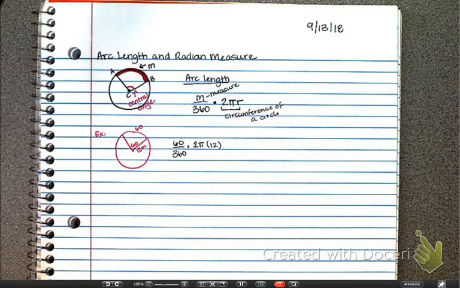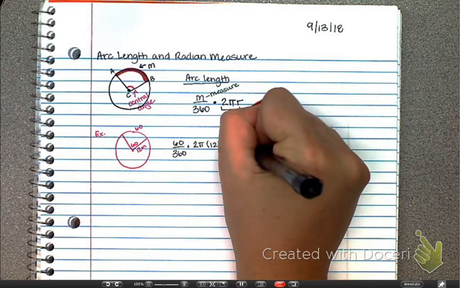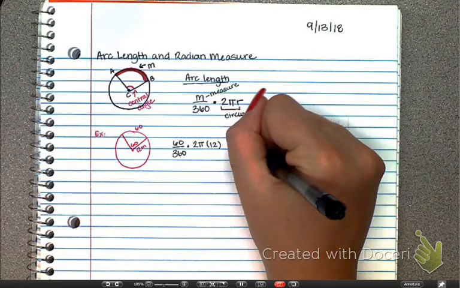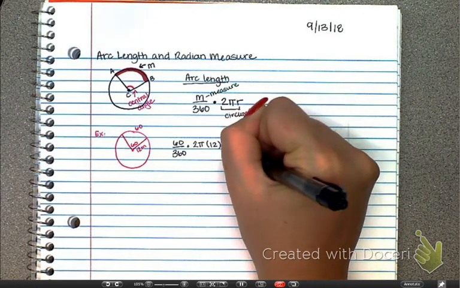I got 4. Okay, it should be 4. So let's look at what it is. It's 4 pi, because remember you're not multiplying through by pi. And because it's just a piece of the entire circle, our units are in meters. So your final answer should be 4 pi meters.